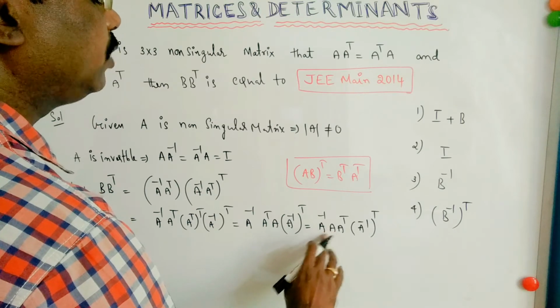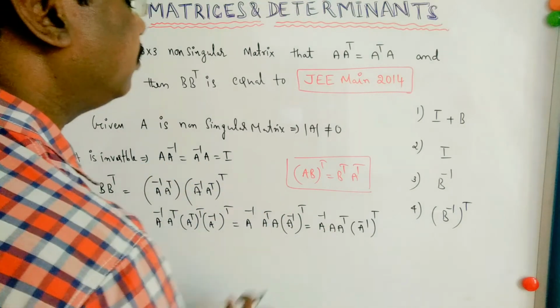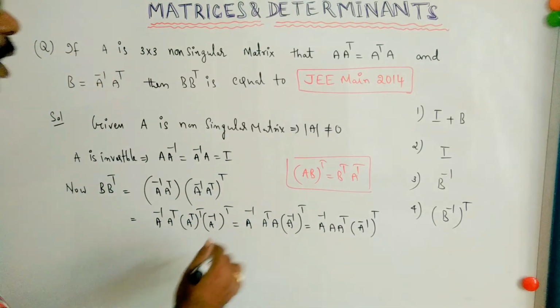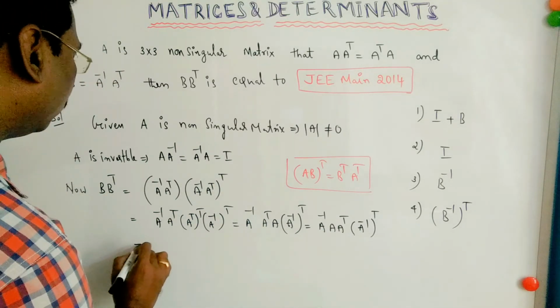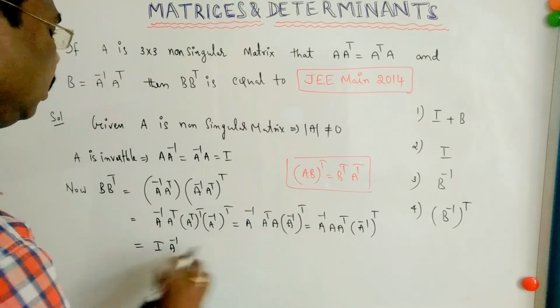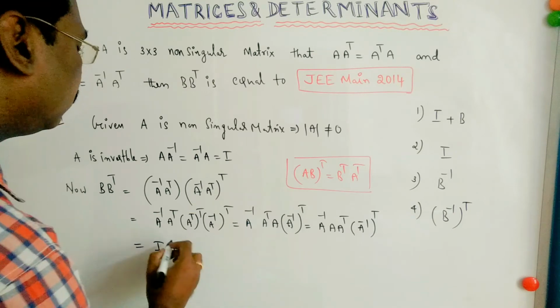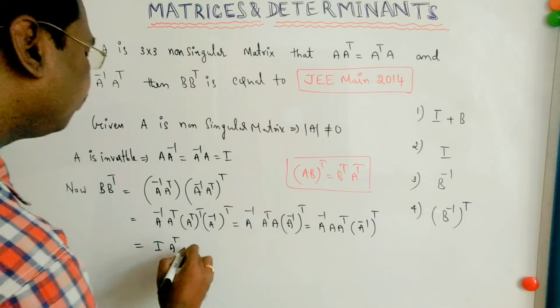Now A inverse into A is equal to I. Now I into A transpose, into A inverse whole transpose.